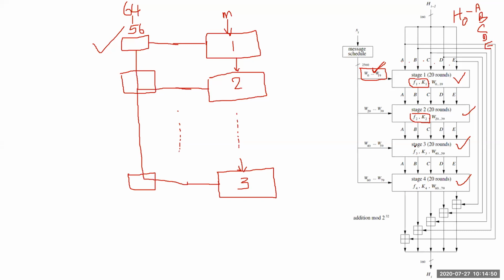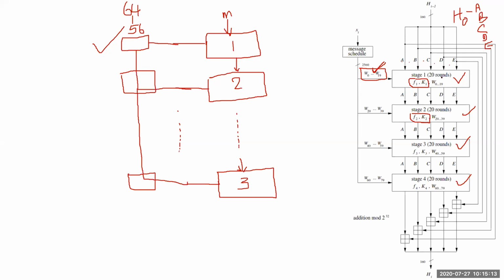Each and every time the message will be scrambled, or mixed, with 2 different types of functions: F1, K1, F2, K2, F3, K3, F4, K4. All these functions are individual. They are not supposed to match each other in any way.